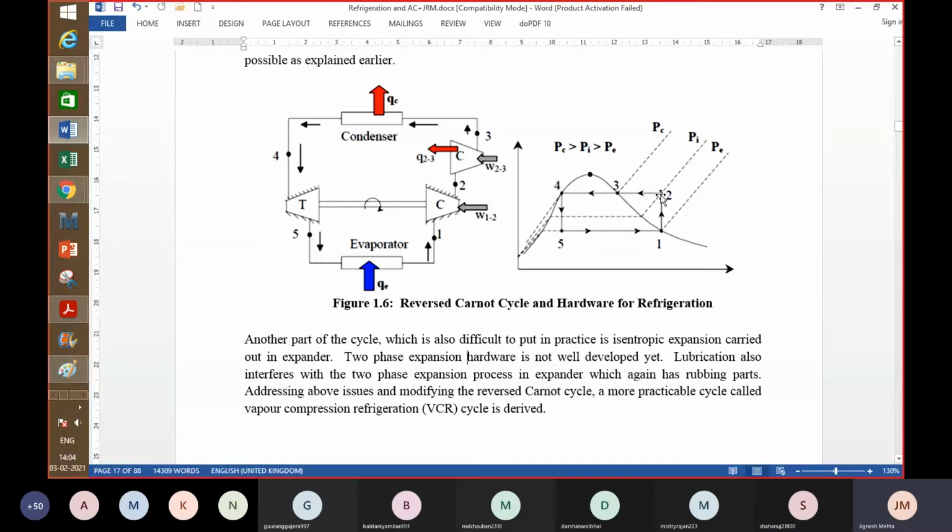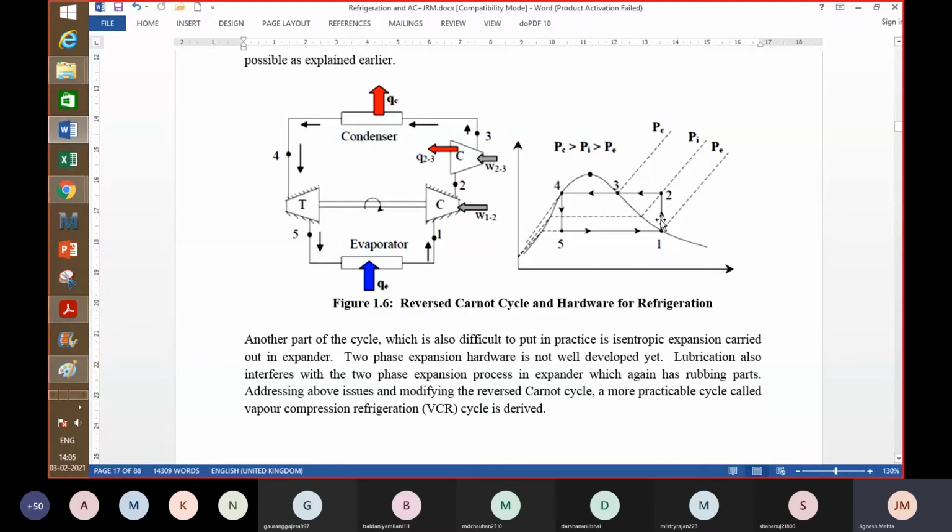We have to resolve two issues. This 2-3 process, we have to find some solution. We want to go up to this pressure PC, because it is the condensation pressure, and we need to go to that pressure so that we can continue rejecting heat at that temperature. So you have to increase.